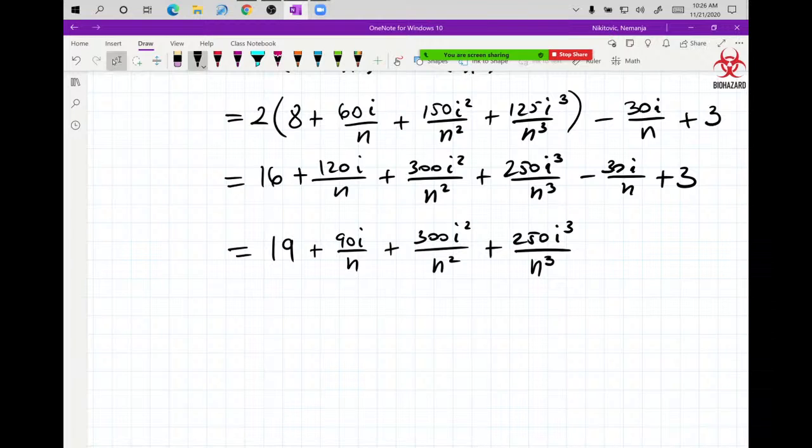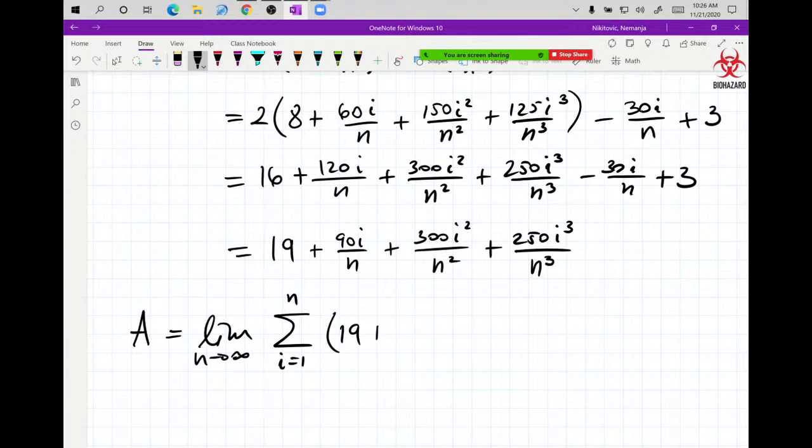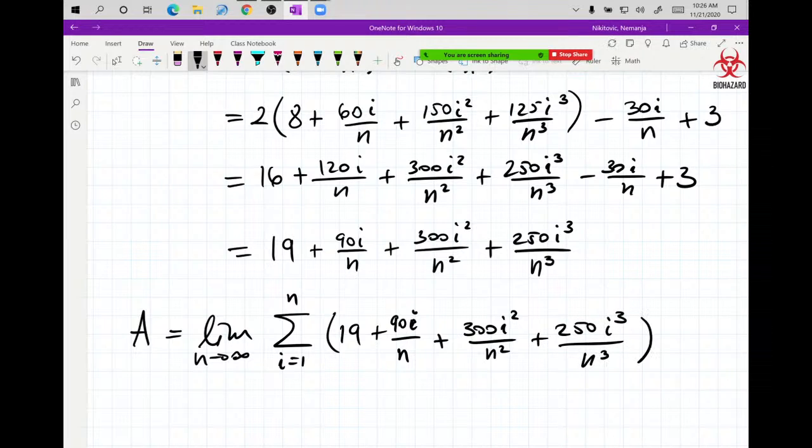So the area is limit n goes to infinity, summation i goes from 1 to n. Here is my 19 plus 90i over n plus 300i squared over n squared plus 250i cubed over n cubed, all of that times 5 over n, which is my delta x. So this puppy over here is your f of xi, this puppy over here is your delta x, and you have your problem set up, right?